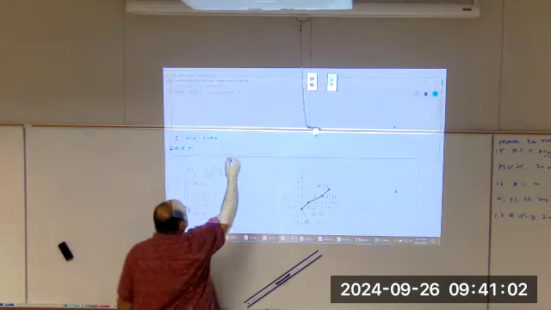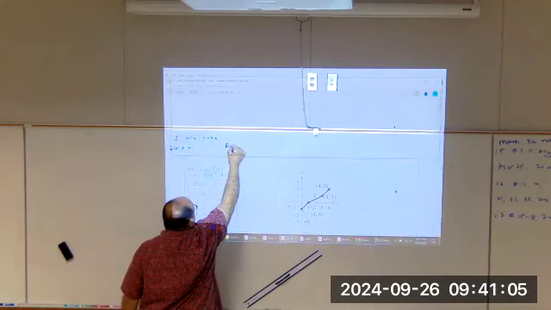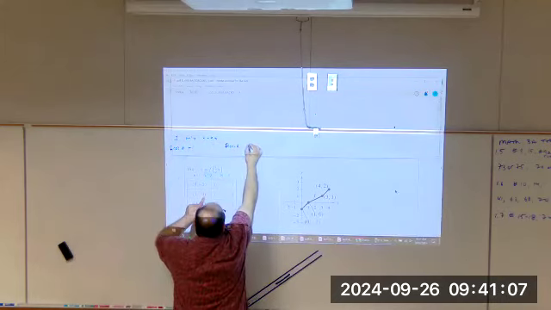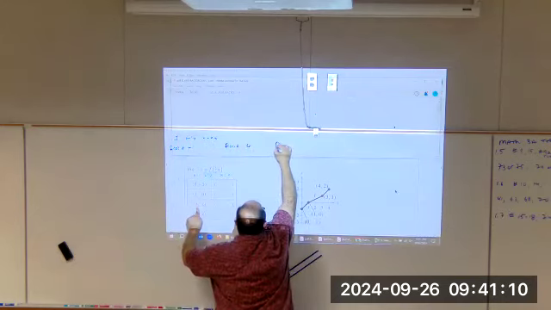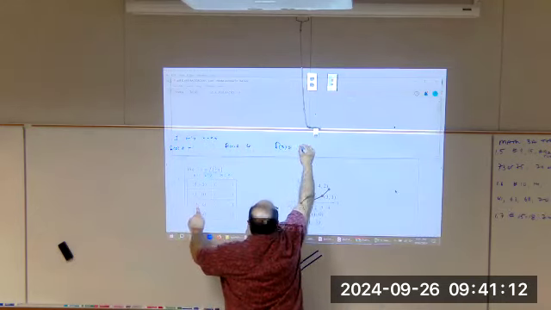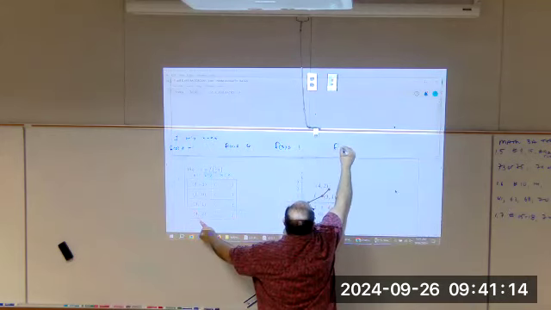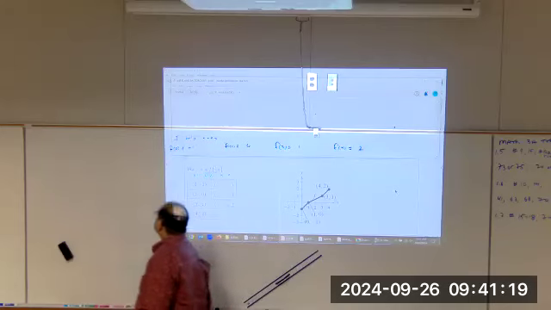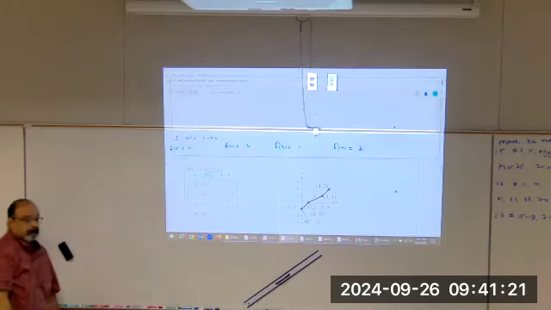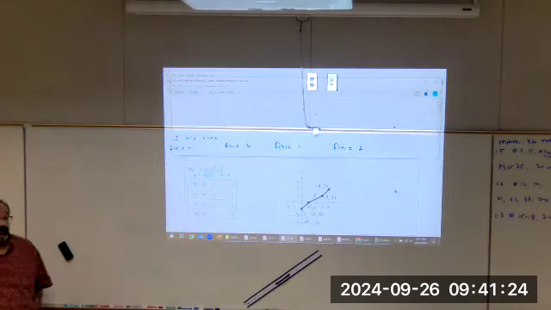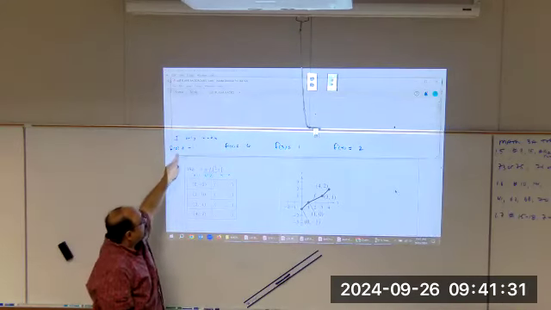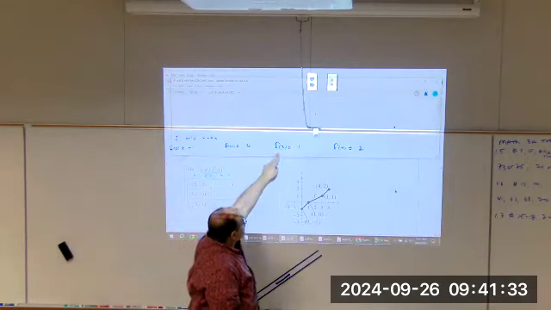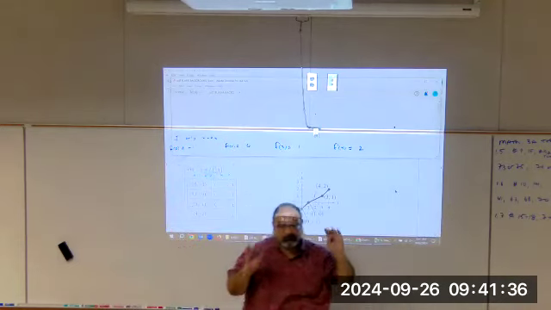That's this. f of 1 is equal to 0. I know that f of 3 is equal to 1. And I know that f of 4 is equal to 2. That's why I got those ordered pairs, and that's what I'm using. I only know what the function is gonna equal if I can plug in a 0, a 1, a 3, or a 4. That's all I know.